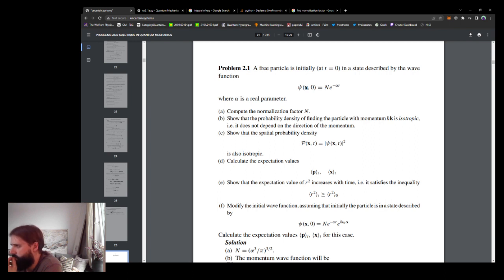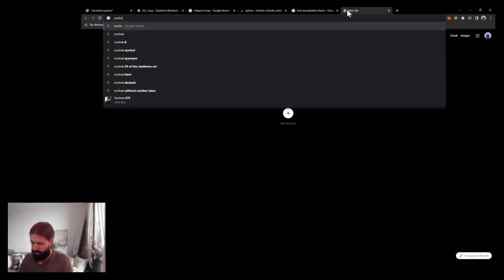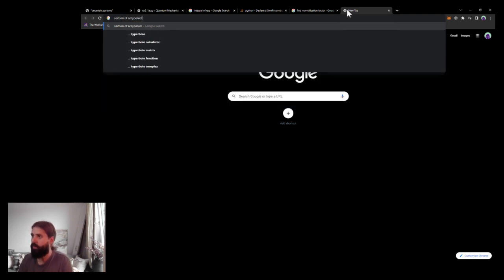So it's kind of, you're doing a hypervolume in a way. Maybe this is just what I'm kind of missing, right? So if I have a section of the hypervolume.